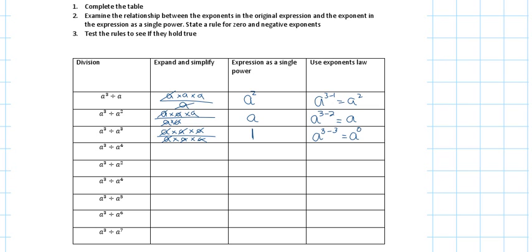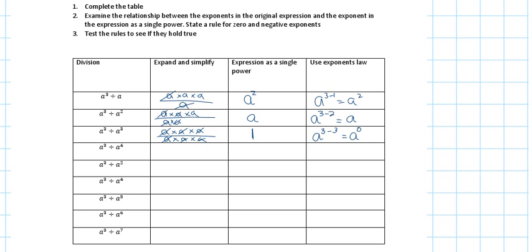Can you do me a favor? On your calculator, give me a value for a. Give me any number for a. 23. Put 23 to the power of 0. What do you get? Give me another value for a. 30. Put 30 to the power of 0. What do you get? How about if a is 1,000?